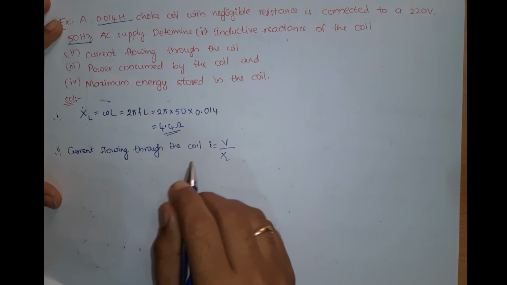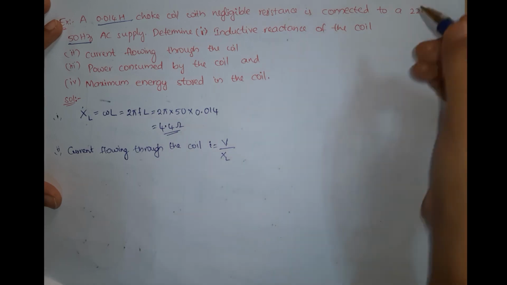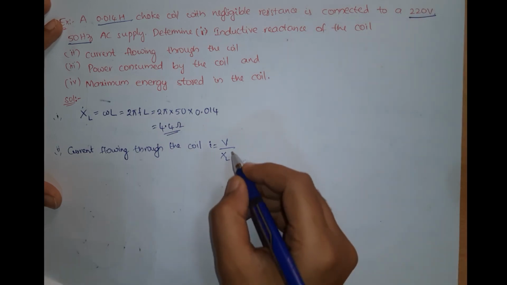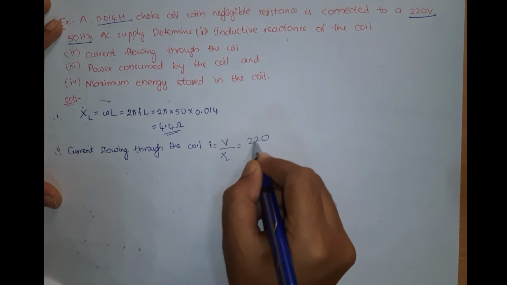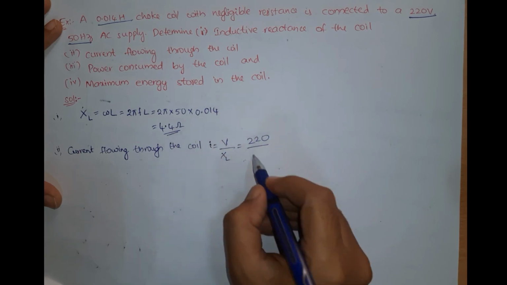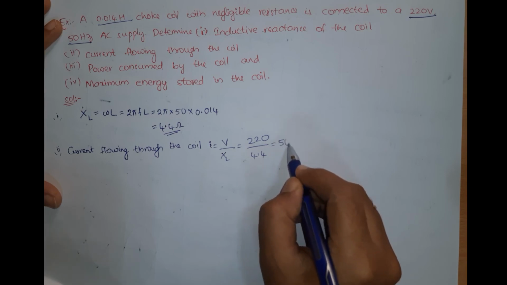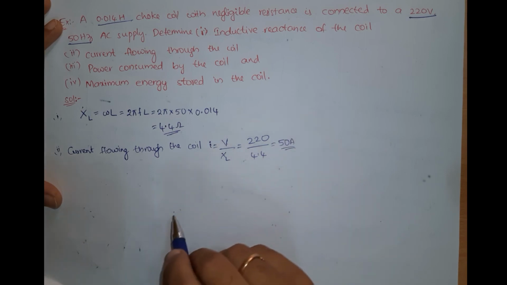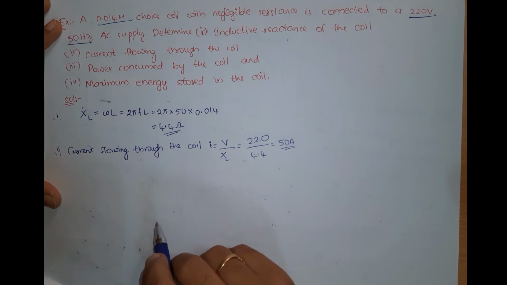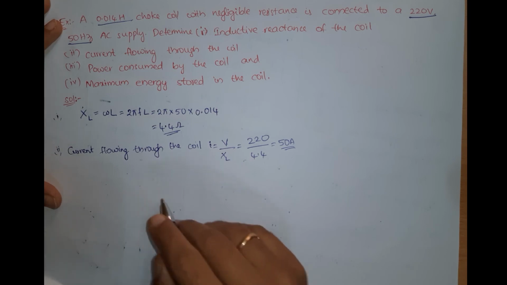Where V is already given, that is 220 volts, by XL we have found out, 4.4. So the answer is 50 amperes. Right, 50 amperes of current will be flowing through the coil.